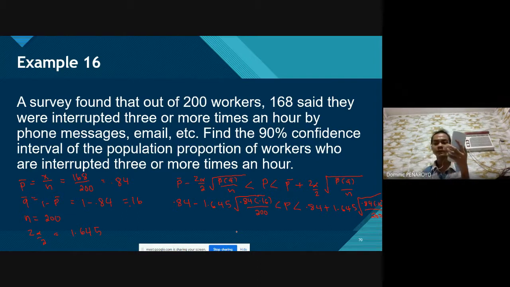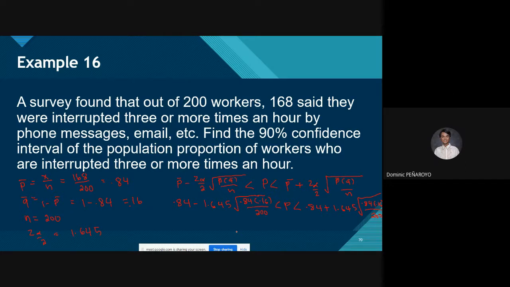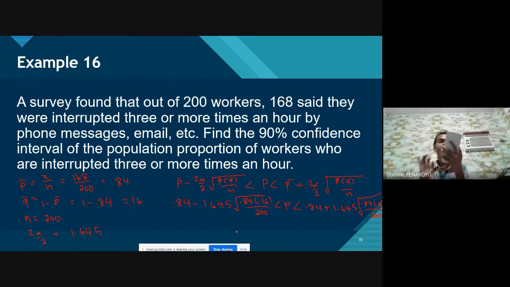Okay, so that will give you 0.79735676262. So applying the rounding rule, that would give you 0.797. Okay?